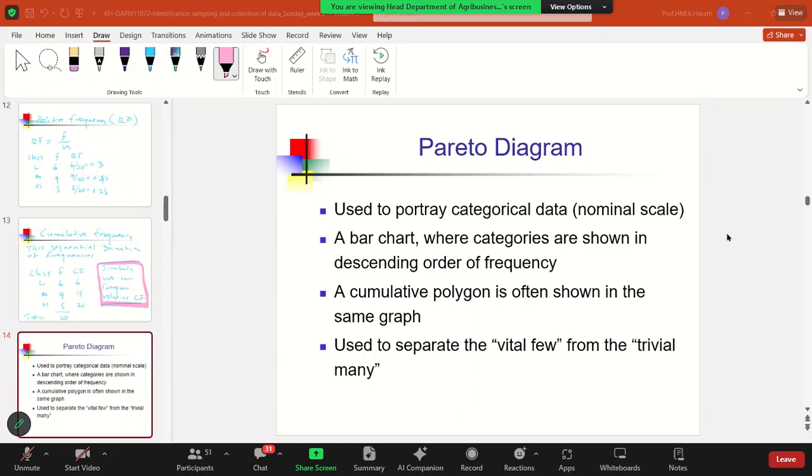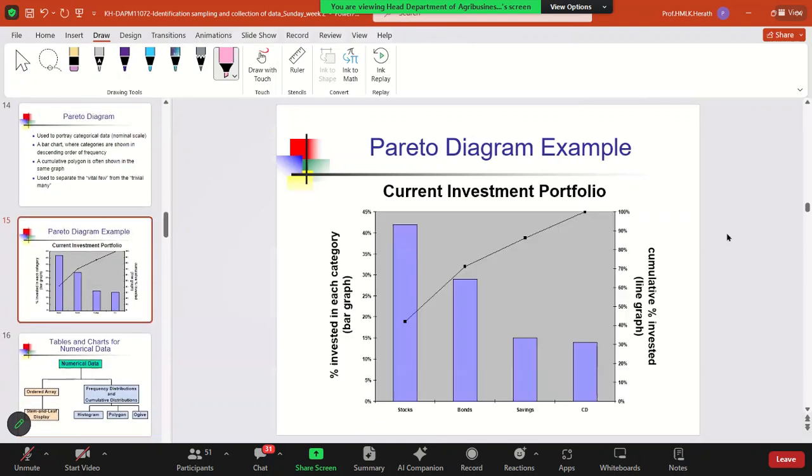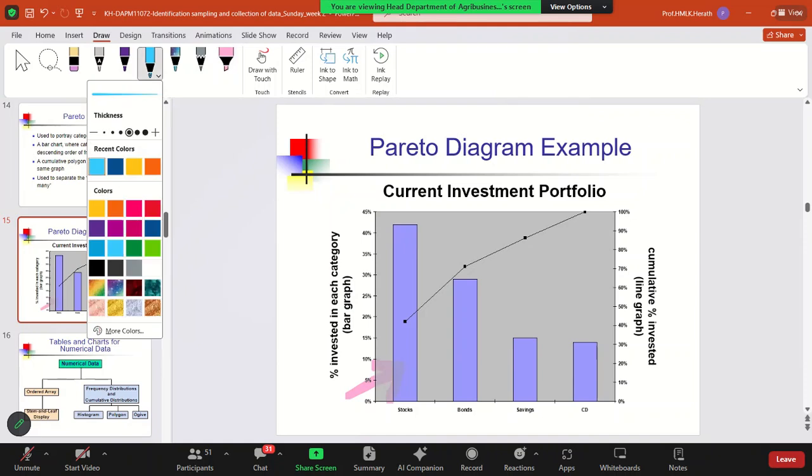Okay, the Pareto diagram looks like this, right? This is the bar chart. Maintain a bar chart. So this is the bar chart.